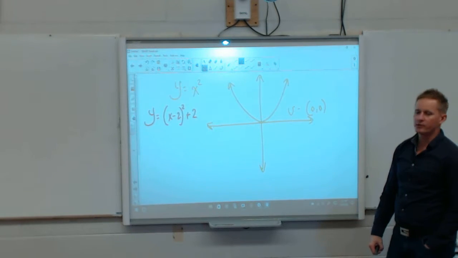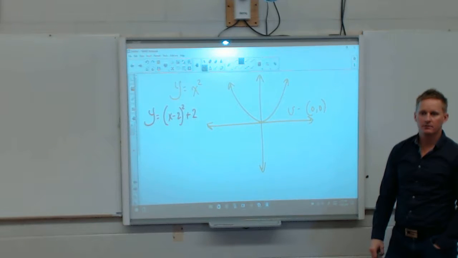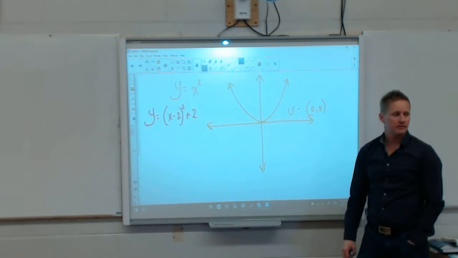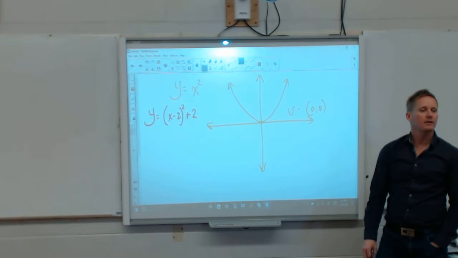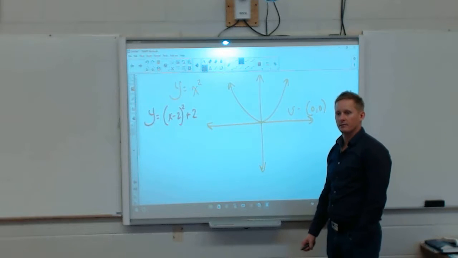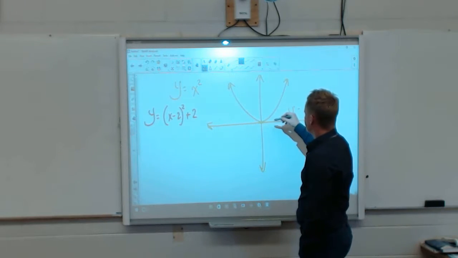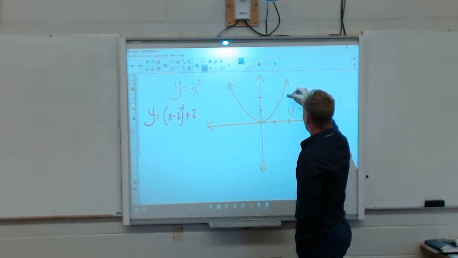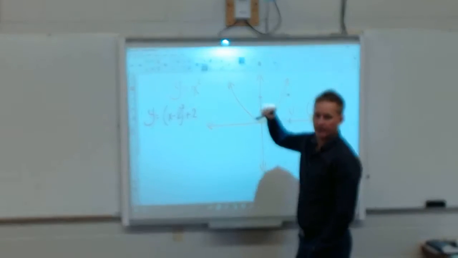So which way does my vertex move? Right 2 and up 2. We agree? Yes. So if it's a negative number, it moves right. Okay, so we're going to talk about that in a second.